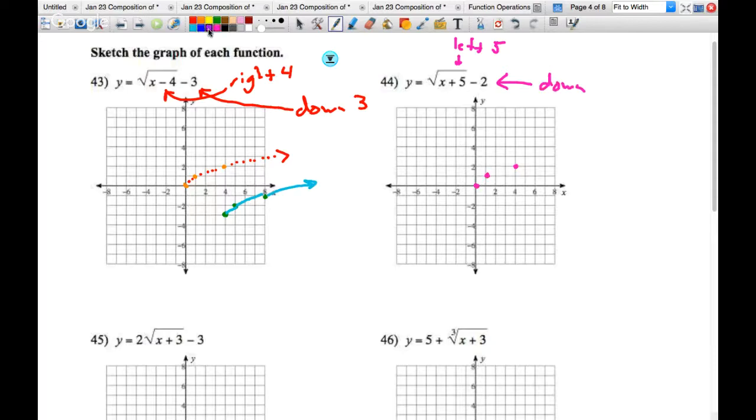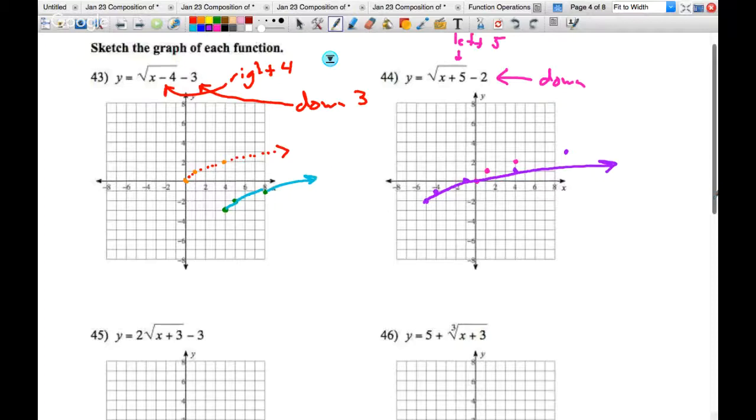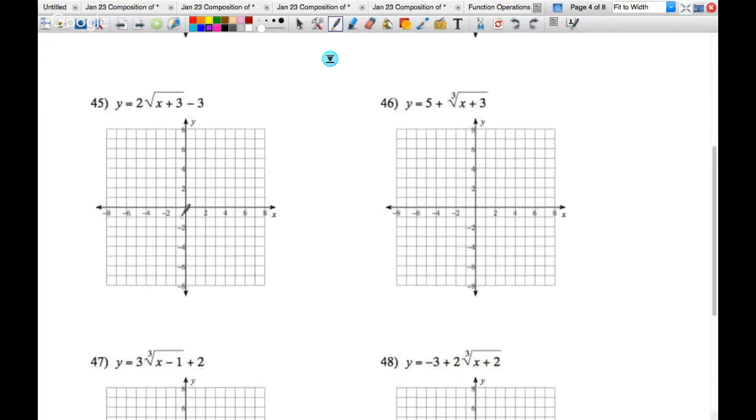So each point needs to be moved left 5 and down 2. There was a point out here at 9, 3. If I move it left 5, I get to 4, 3, down 2, moves right there. Just like that.